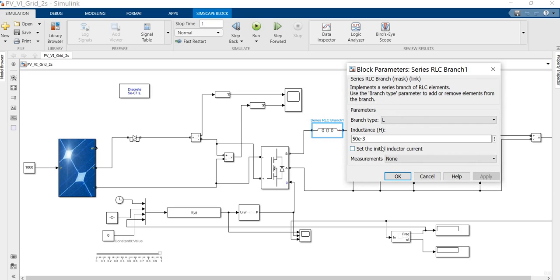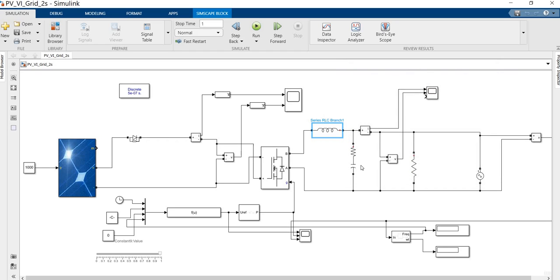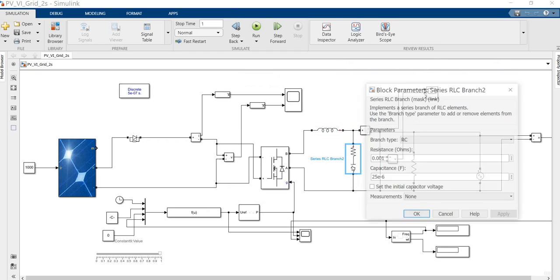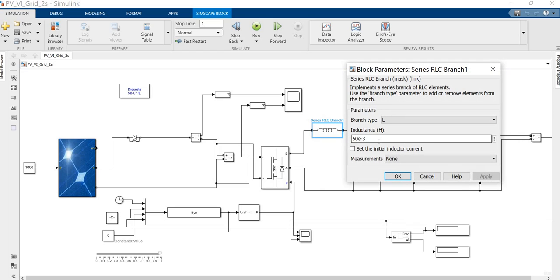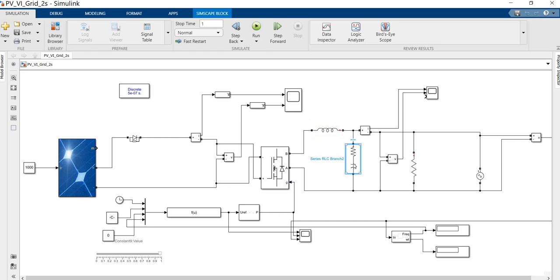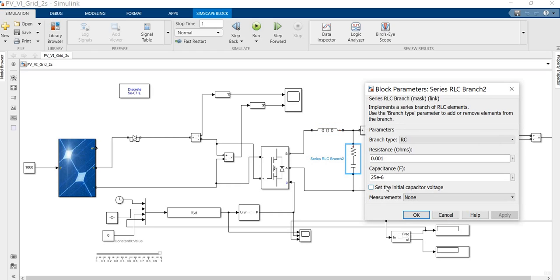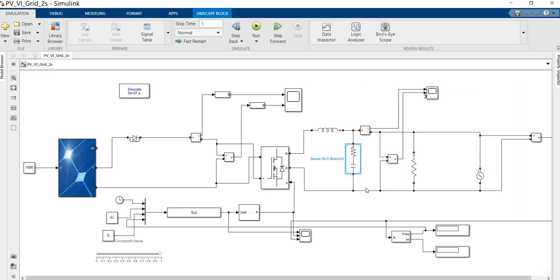The inductor value for a normal LC filter designed for 1 kilowatt is 50e-3, and the capacitor is 25e-6. I will also tell you a thumb rule: if you put 50 millihenry for the inductor, you put 25 microfarad for the capacitor, that is half the value. This thumb rule works properly.